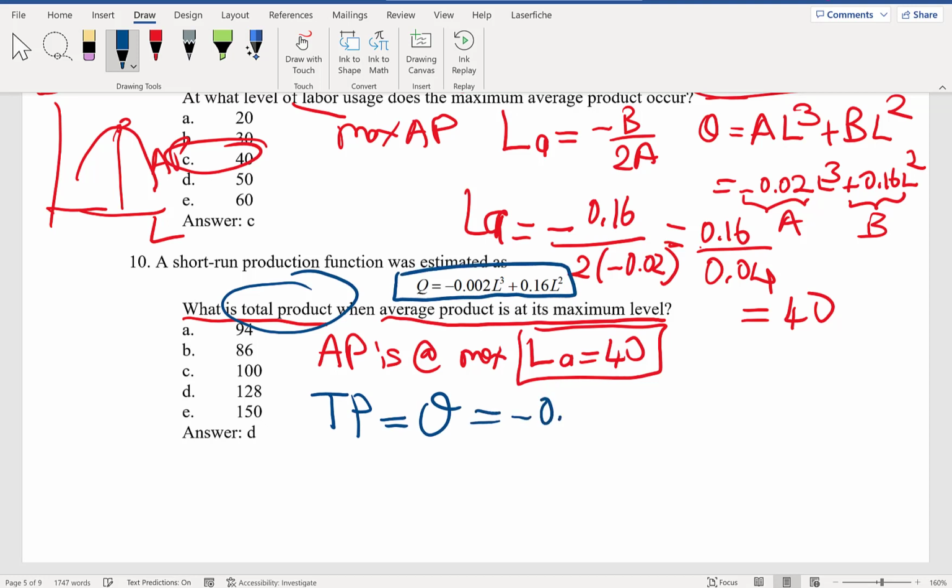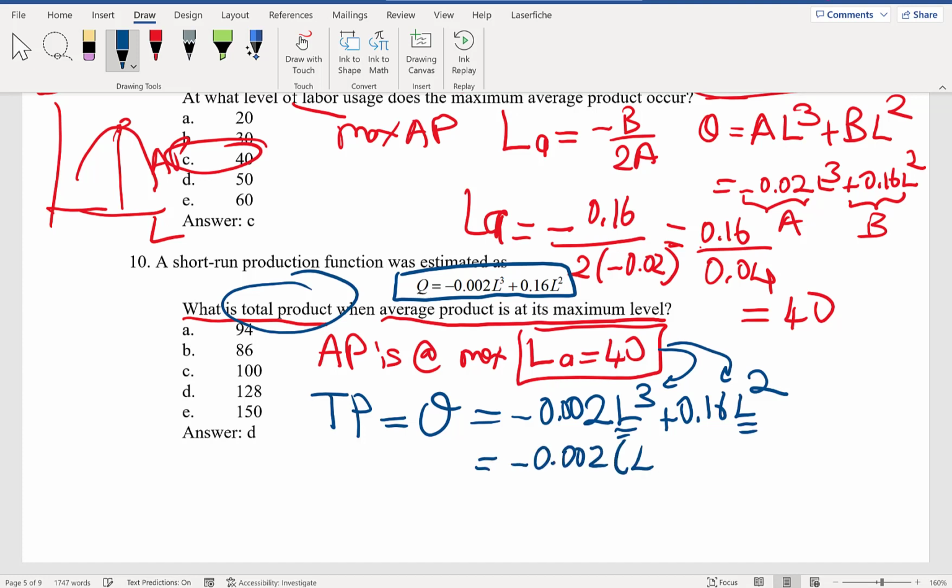Negative 0.002, one more zero, I'm sorry, L raised to the power 3 plus 0.16 L raised to the power 2. Which L am I going to plug in? This L, 40 units. So it's going to be negative 0.002 times 40 raised to the power 3. That means multiply 40 by itself 3 times, and 40 raised to the power 2. Again, I don't even use scientific calculators, I just multiply 40 by itself.